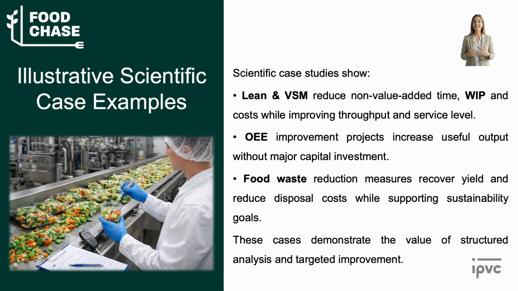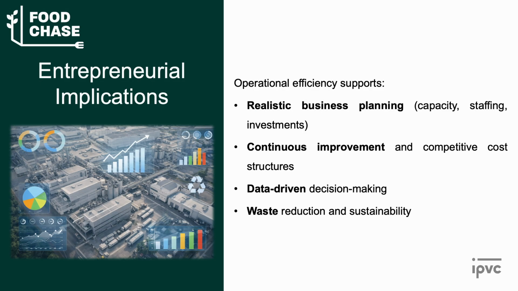A separate case study in a food processing plant showed that focusing on setup time reduction, standardized cleaning, and preventive maintenance significantly increased overall equipment effectiveness, effectively doubling the useful output of a key line without major capital investment. Food loss and waste reduction measures also recover yield and reduce disposal costs while contributing to sustainability goals and regulatory compliance.